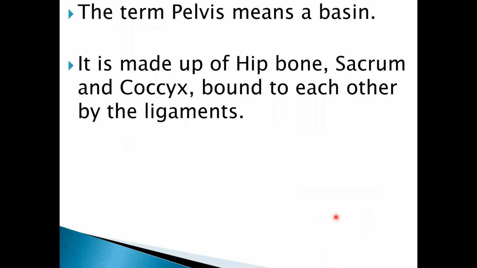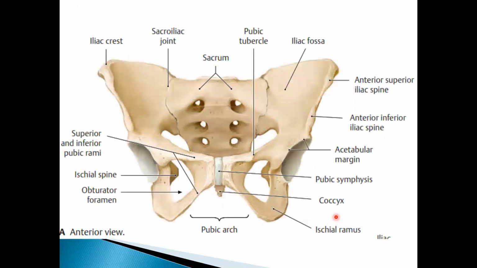The term pelvis means a basin. It is a basin-like structure, so it is called the pelvis. It is made up of the hip bone, sacrum, and coccyx bound to each other by ligaments. Here you can see the skeleton of the pelvis.